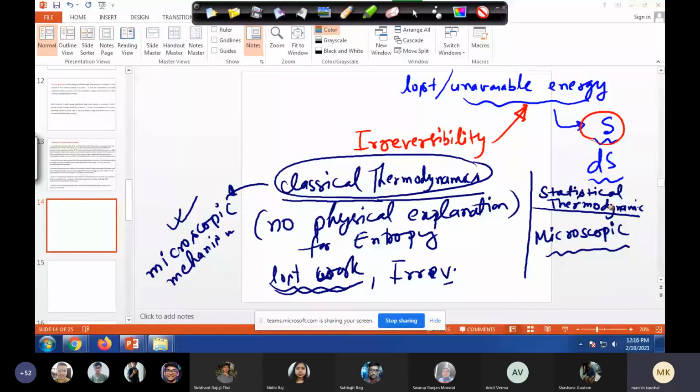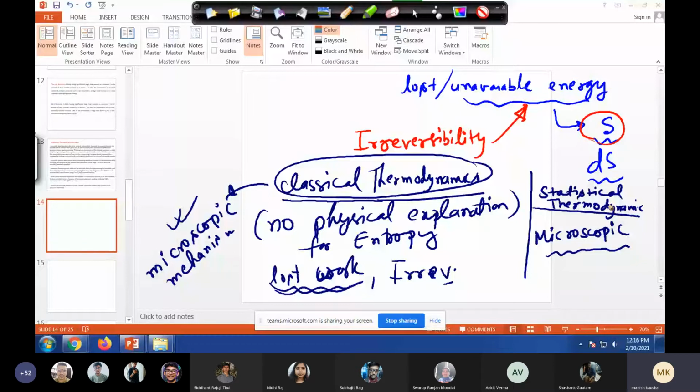But when statistical thermodynamics came, you go to the kinetic theory of gases, and you do the averaging of velocity, and that averaging of velocity you define as temperature. Similarly, you take the momentum transfer by the particles to the wall, and then you take the average, and you come out with the expression for pressure. So that is the microscopic explanation of pressure and temperature.